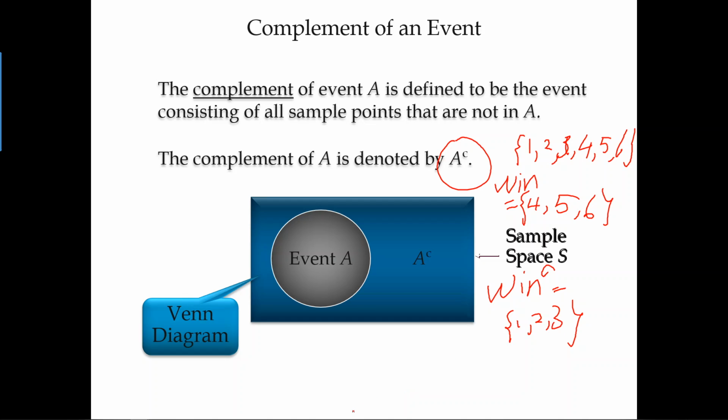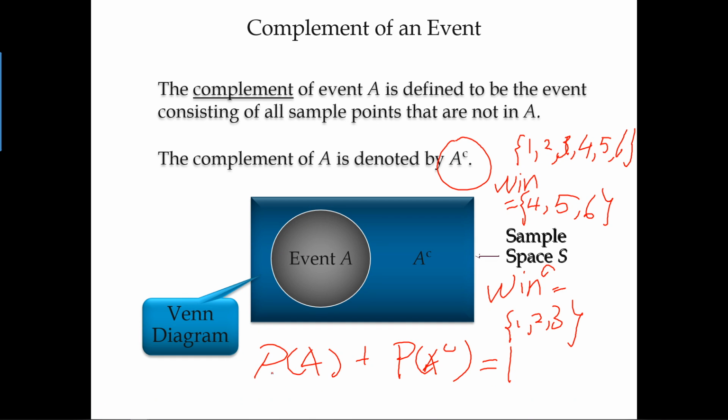So why do we need to know the complement event? Because there is a nice relationship between an event and the event's complement. Let's see the probability of A, and we also know the probability of A's complement event. The following condition is always satisfied: the probability of A plus the probability of A's complement event always equals 1.